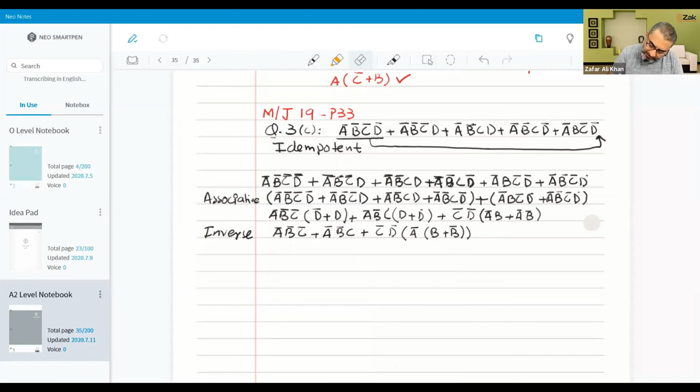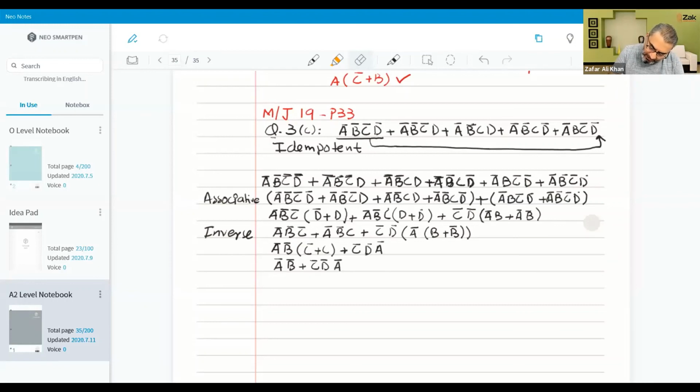All right, so then we take A naught B naught common, again the associative law. So A naught B naught C naught plus C over here, and then we have C naught D naught and A naught over here. Then what we are left with is A naught B naught plus C naught D naught and A naught.